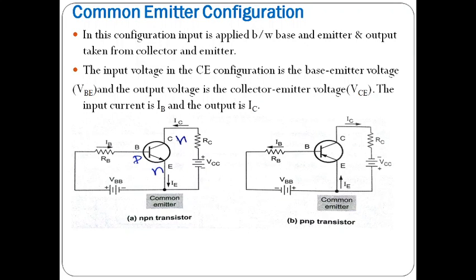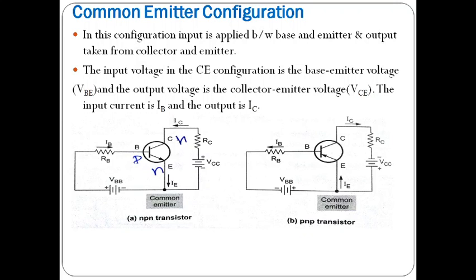Common emitter configuration. In this configuration, the common node is the emitter, the input node is the base, and the output node is the collector. We can observe the common emitter configuration of NPN and PNP transistors in this slide. Here we apply the input between the base and emitter, and the output is taken from collector and emitter.